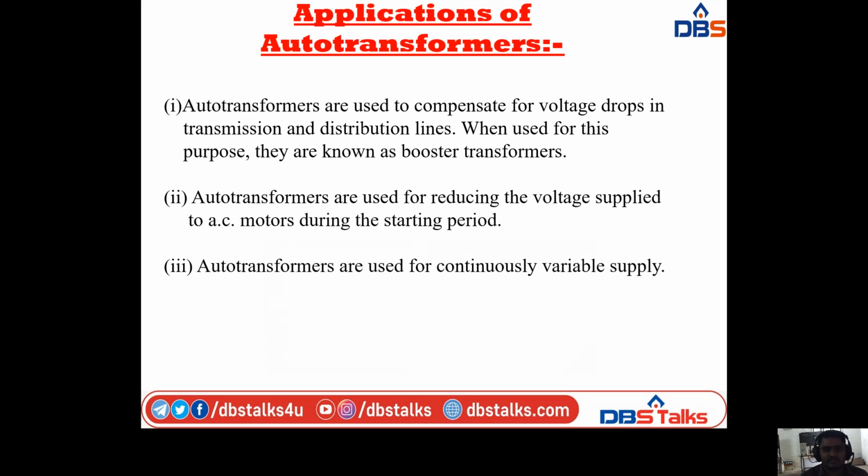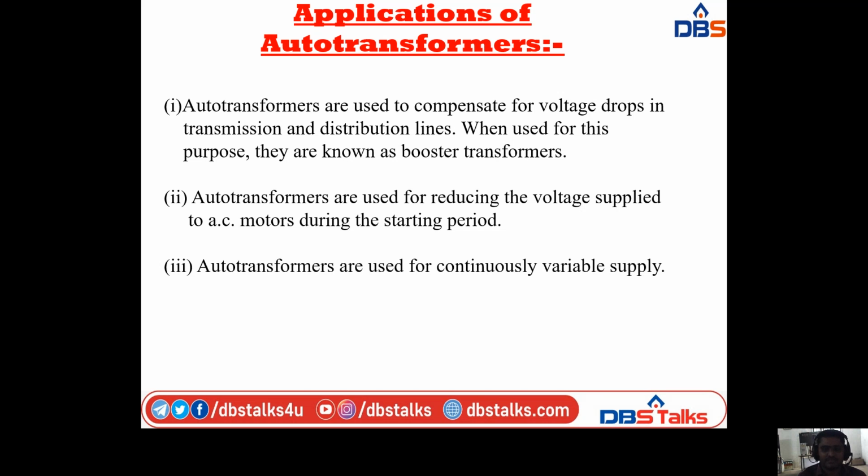Next, coming to the applications of auto transformers. Auto transformers are used to compensate for voltage drops in transmission and distribution lines. When used for this purpose, they are known as booster transformers.